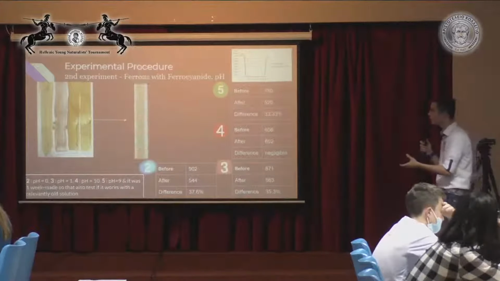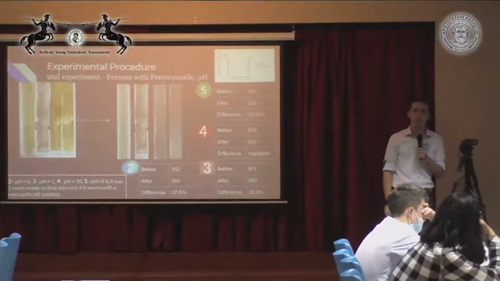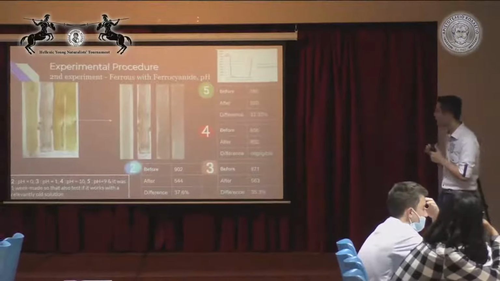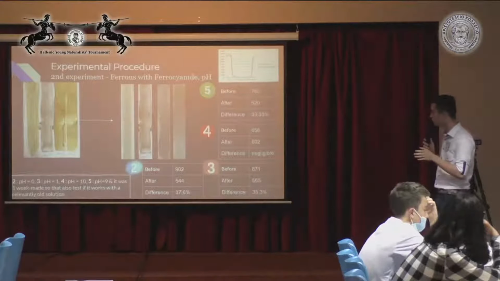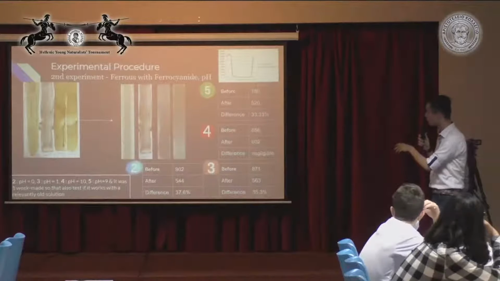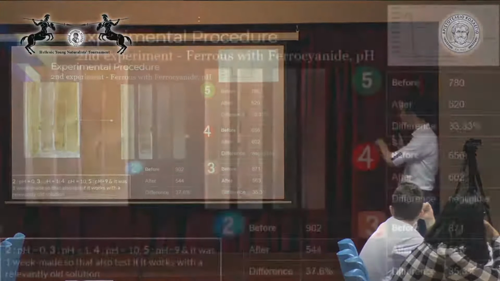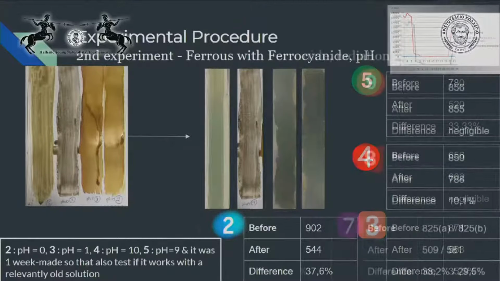That's the second experiment, using ferrous with ferrocyanide this time and testing the parameter of pH. We can see that in the paper with the number 4, in which I used pH equal to 10, we observe a negligible difference, while on the others we can see clearly that the lower the pH is, the bigger the difference is.